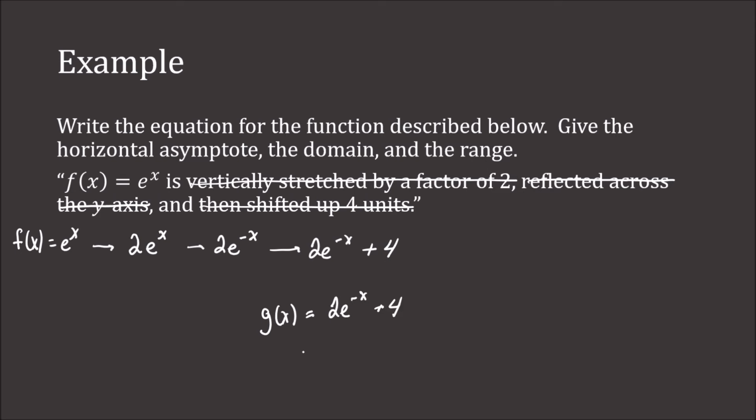The domain is still all real numbers. The range becomes 4 to infinity. And the horizontal asymptote is now at the line y equals 4.